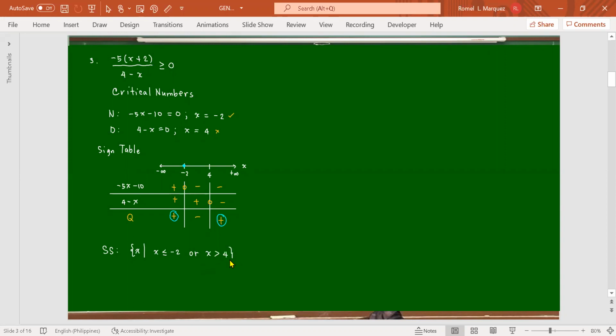And we don't include 4, huh? What about in interval notation? How do we write this? -infinity to -2, bracket, no? Union with open parenthesis 4 to positive infinity. Okay? A question, guys?